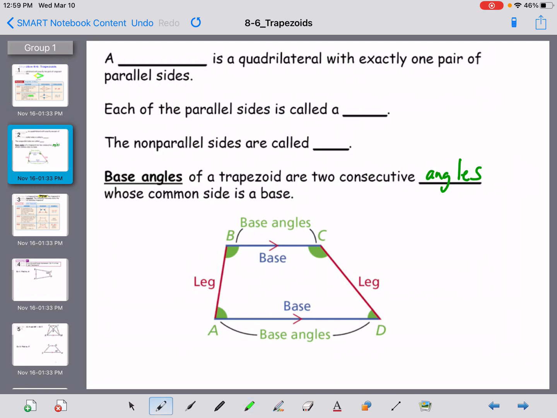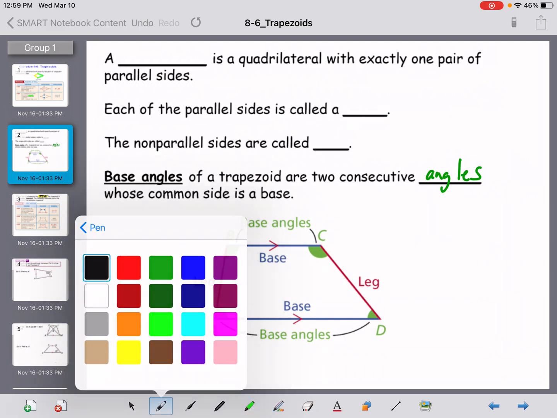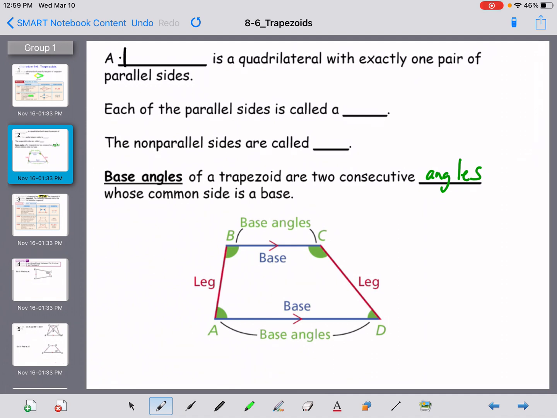What I really want to get to today is the trapezoid. A trapezoid is a quadrilateral with exactly one pair of parallel sides. Each of the parallel sides is called a base.